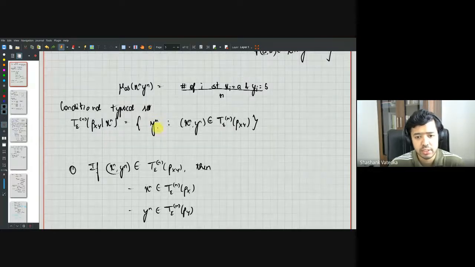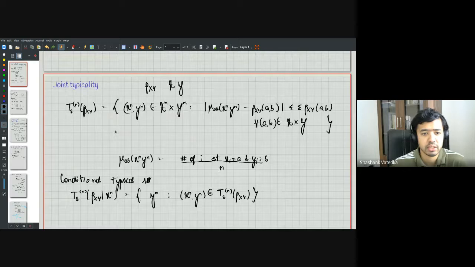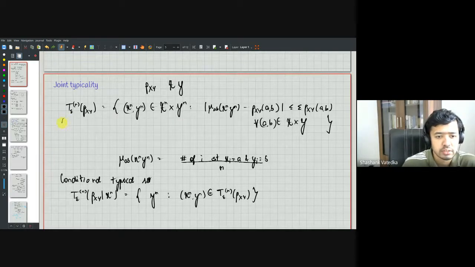It is the set of all y^n which are jointly typical with respect to x^n. So y^n is in the conditional typical set corresponding to x^n if and only if x^n and y^n both lie in the jointly typical set. So this is the conditional typical set for a given x^n, whereas this is the jointly typical set.